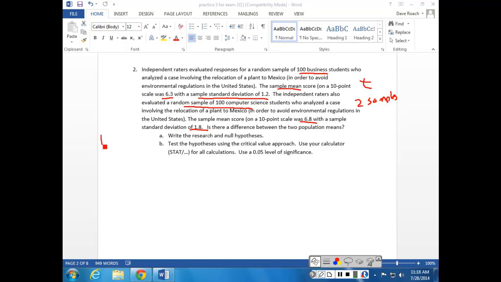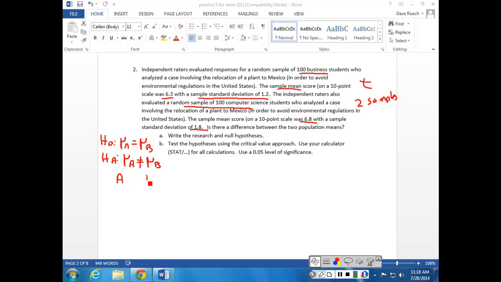So H0 is mu A equal to mu B, and HA is mu A not equal to mu B. And let's go ahead and write down the information from the problem here.